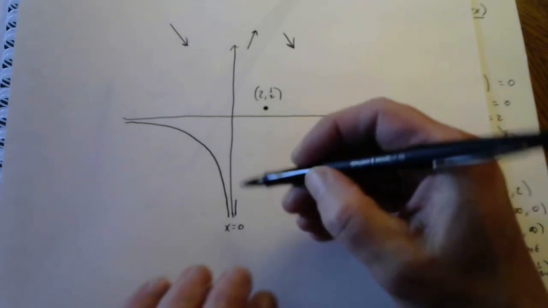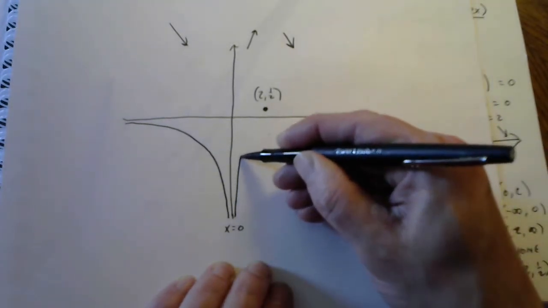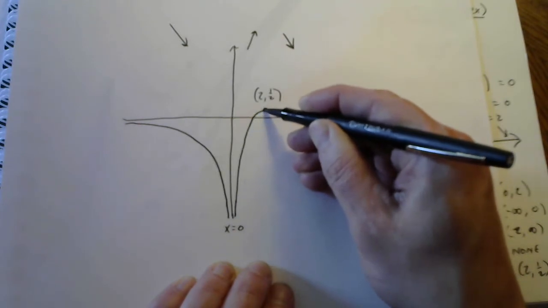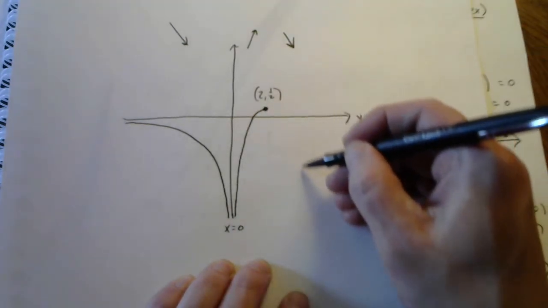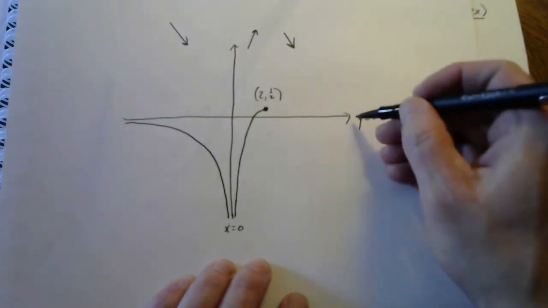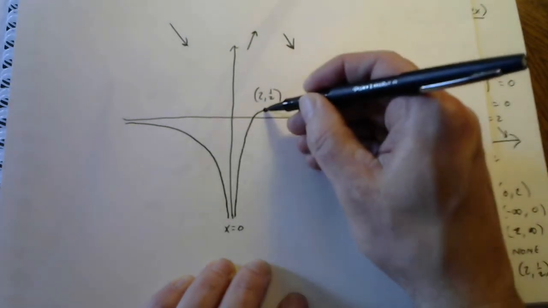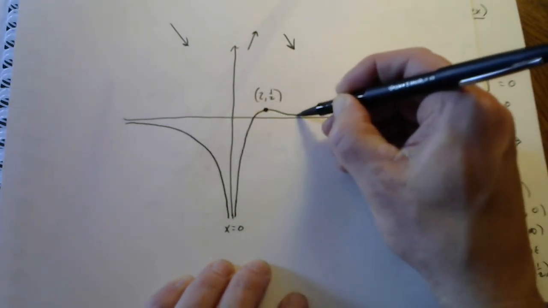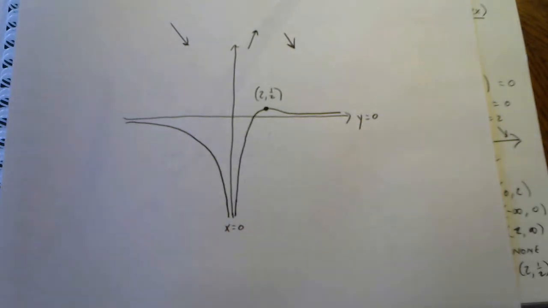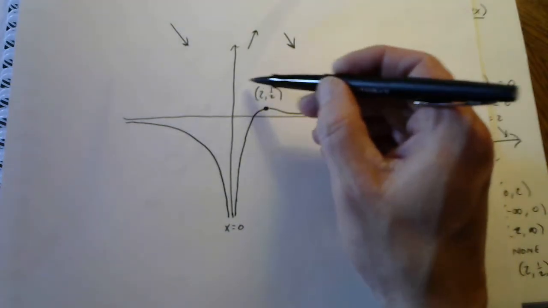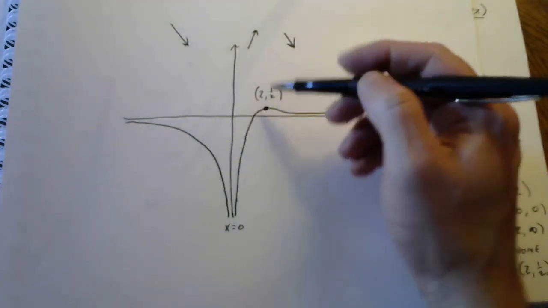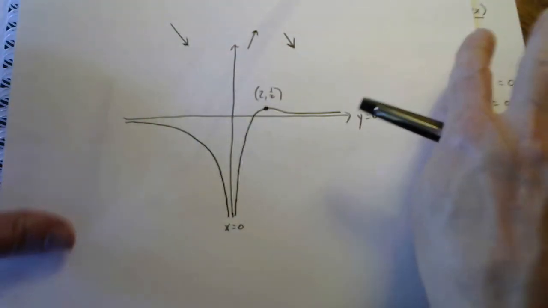So I'm going to increase to the max as expected, but I'm not just going to decrease like this. I have to honor this asymptote. So you're going to just do something like that.